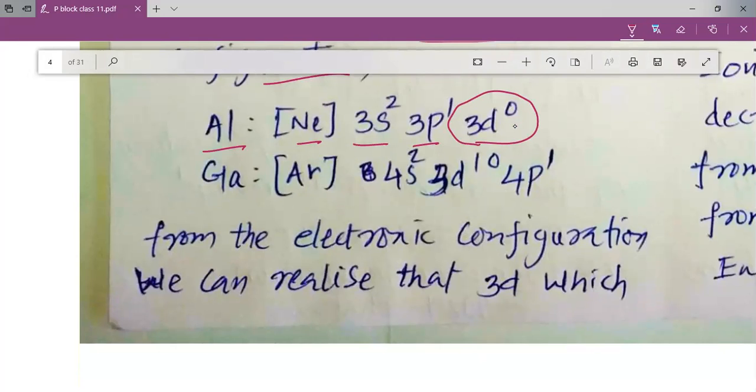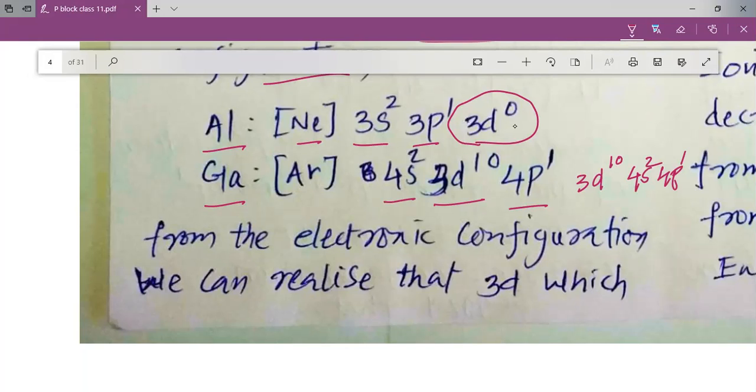But when we look at the electronic configuration of gallium, argon 4s2, the 3d is filled: 3d10 and 4p1. We can even write it this way: 3d10 4s2 4p1.